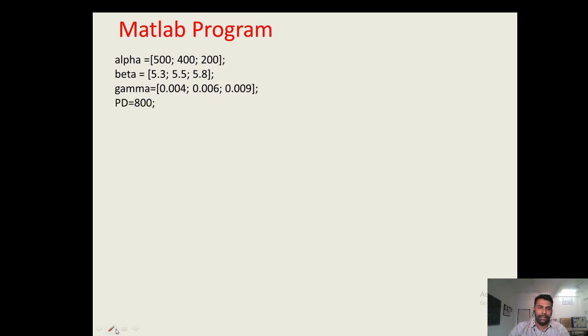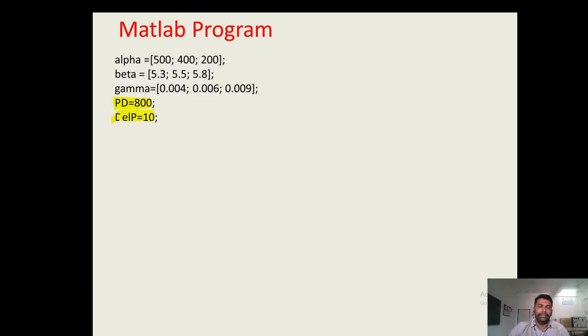After that, the total power demand given is PD equal to 800 megawatt. So, we define a variable PD and put its value as 800. Then del P is a variable we define for the purpose of the number of iterations.